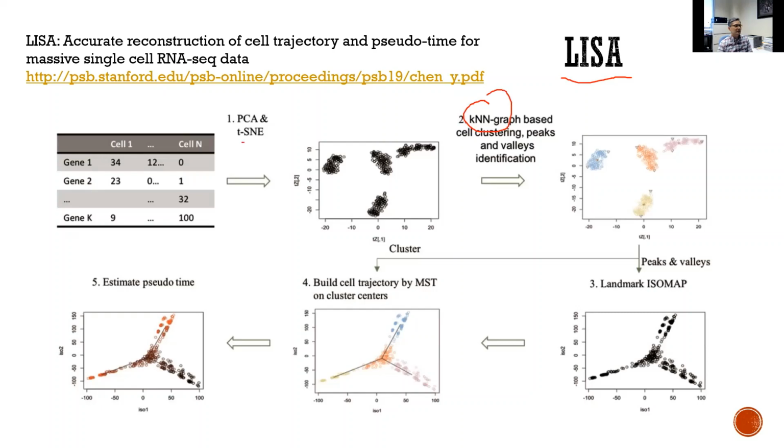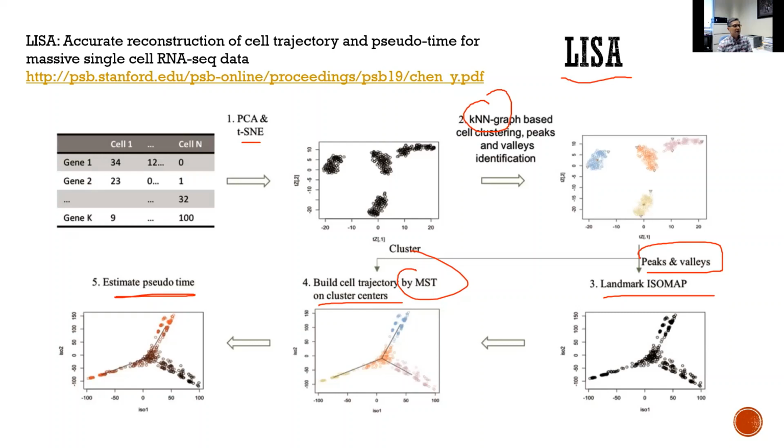Okay, you have the tSNE and dimensionality reduction, then use the KNN graph. Then they use a peak valley selection based on the ISOMAP, landmark ISOMAP, and then rely on a minimum spanning tree applied to the cluster center to estimate pseudotime.